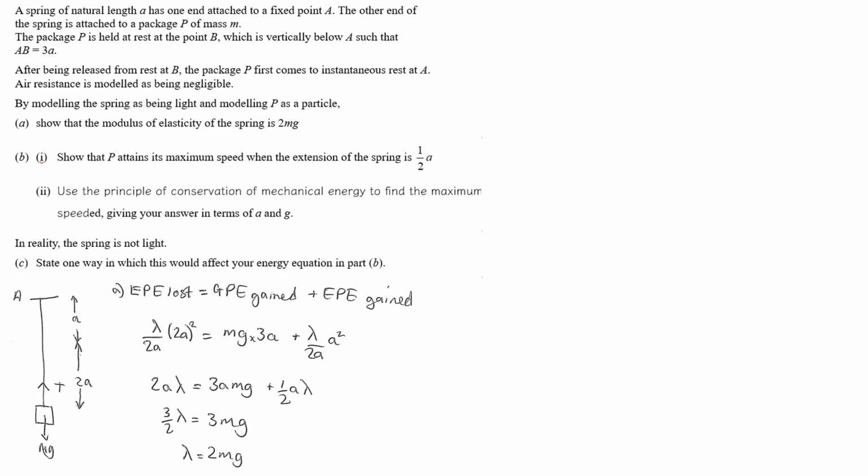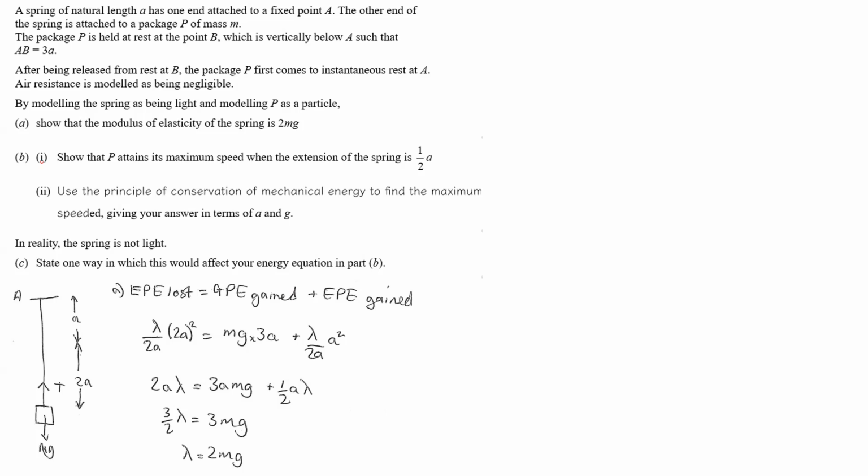So I've said the elastic potential energy lost. Now the elastic potential energy it's got is lambda times x squared, the extension squared, over 2a, 2 times the natural length at the bottom.